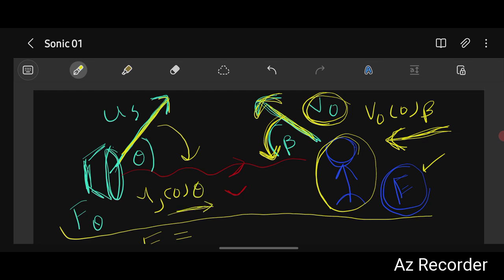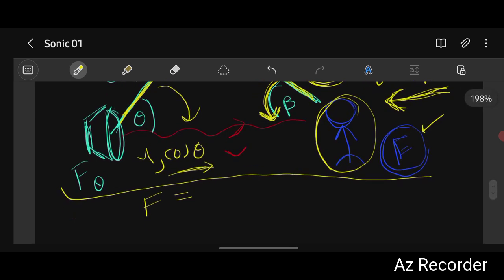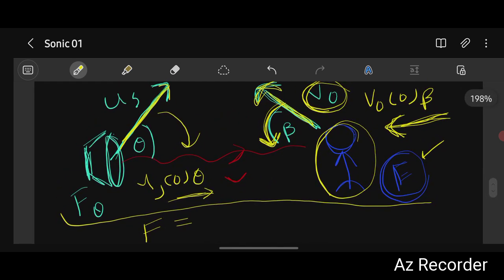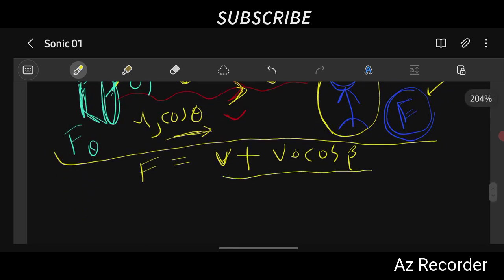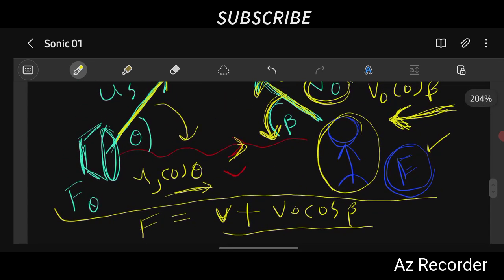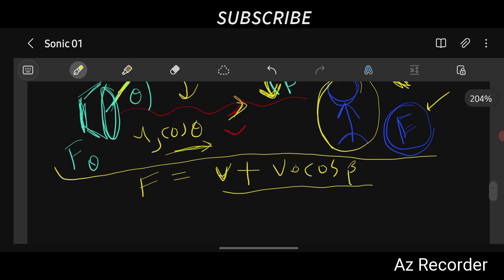Then we take the relative motion of the observer relative to the air: v plus, because they are in opposite directions, v naught cos beta, divided by the velocity of the source relative to the sound emitting direction.